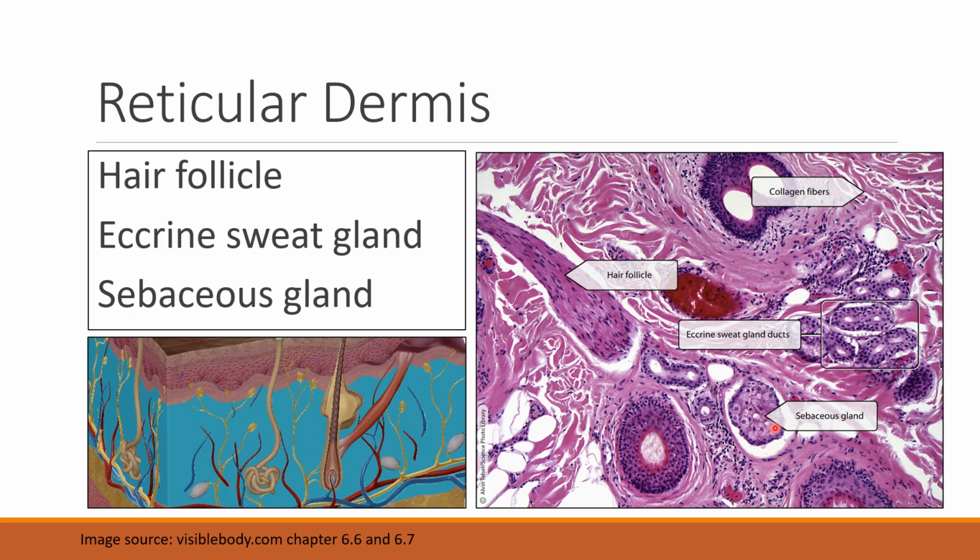And then you have some glands here. These are the eccrine sweat glands that are over in this section here. And this is the sebaceous glands. Now, looking at the histology between these two, you can tell a few things. We'll get into it a little bit deeper as we start comparing those two glands.